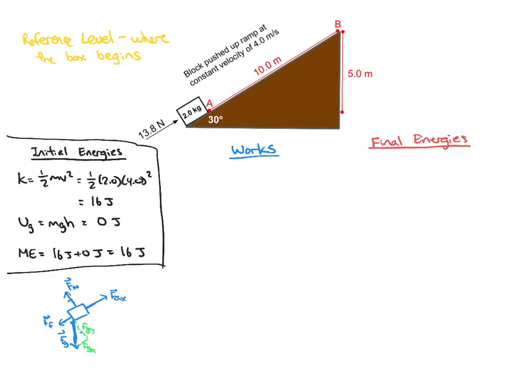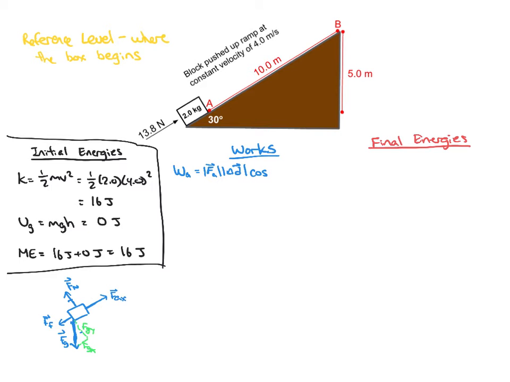Okay, so that free body diagram is going to turn out to be useful when I figure out all of these works. So let's see, what order do they ask us for? The first one, the work done by the applied force. I'll label that as W sub A, the work done by the applied force. So that's going to be the magnitude of the applied force times the displacement times cosine of the angle between the applied force and the displacement.